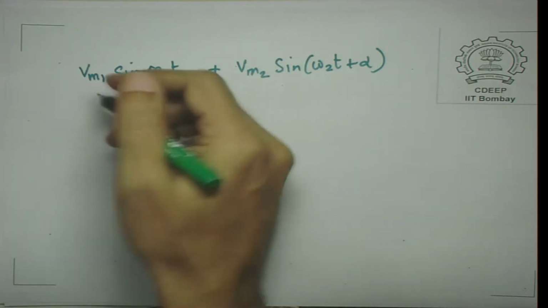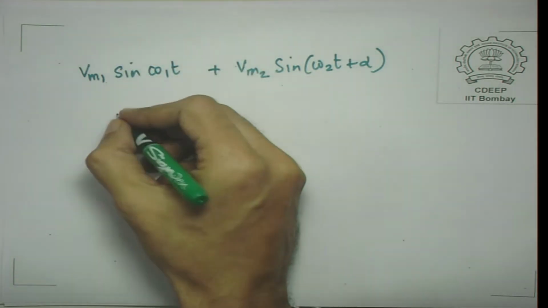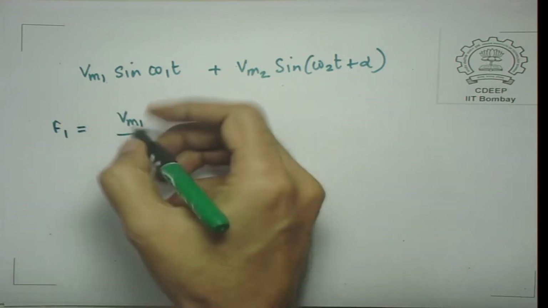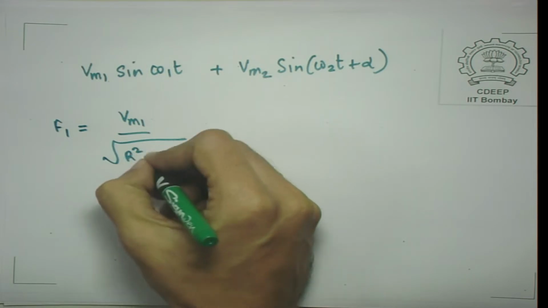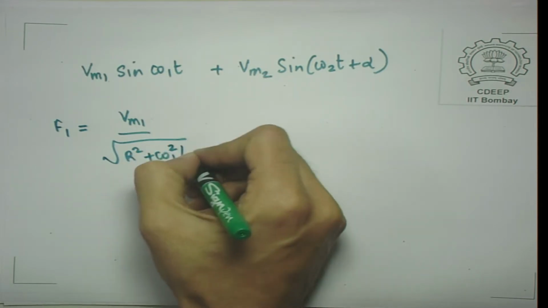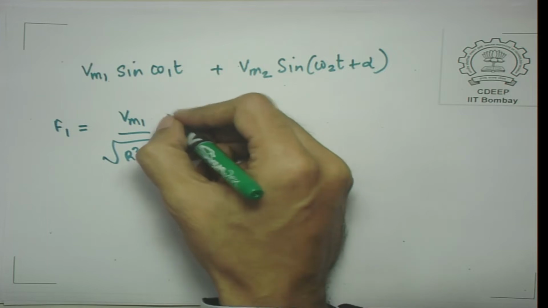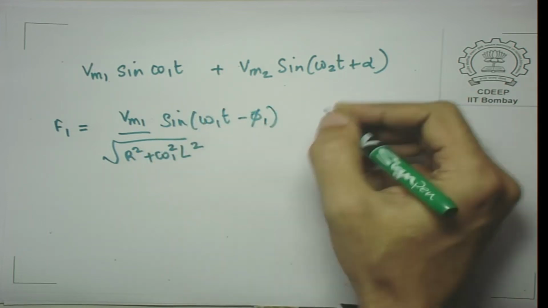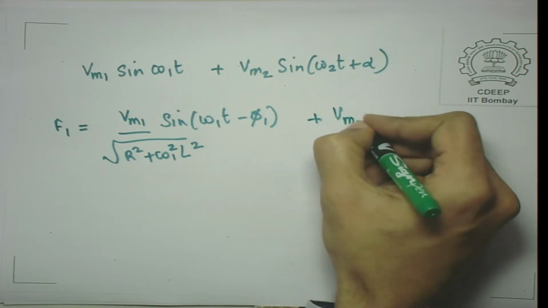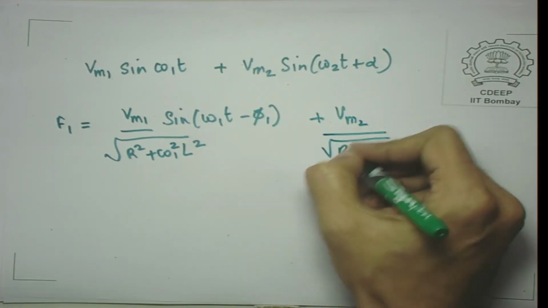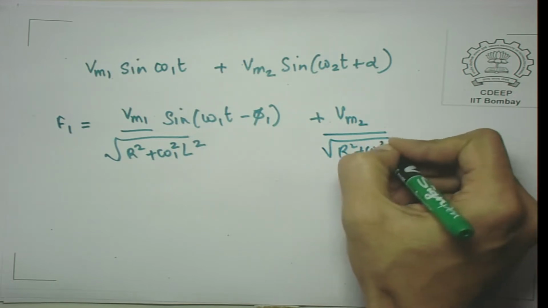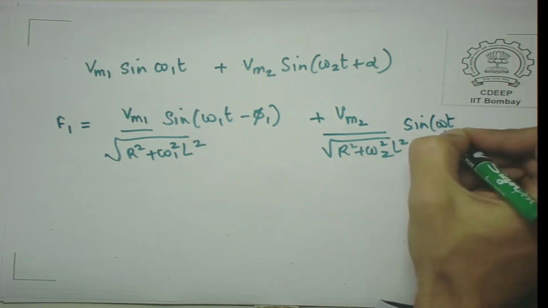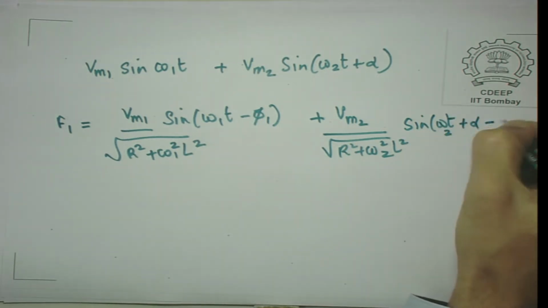F1 will be equal to Vm1 by root of R square plus omega 1 square L square sin of omega 1 t minus phi 1, plus Vm2 by root of R square plus omega 2 square L square into sin of omega 2 t plus alpha minus phi 2.